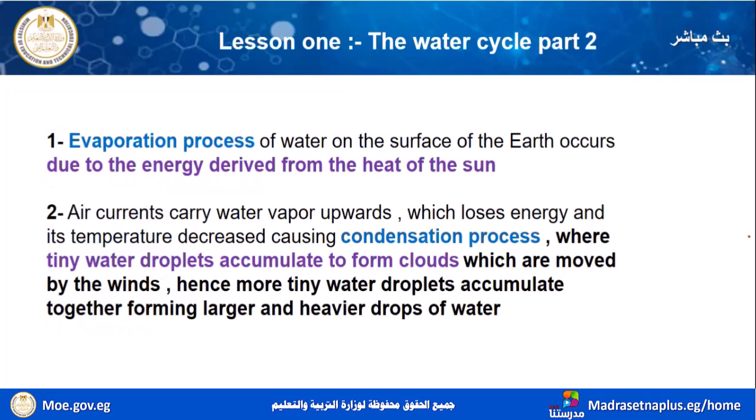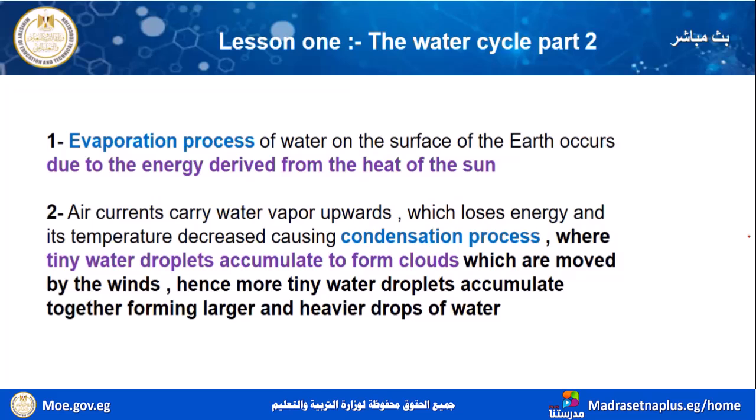Number 1, evaporation. The process of evaporation of water on the surface of the Earth occurs due to the energy derived from the heat of the sun. We said when we heat water, or water gains heat energy, its kinetic energy increases, so it will change from liquid state to gaseous state, and it will expand, so its density will decrease, so it rises up.